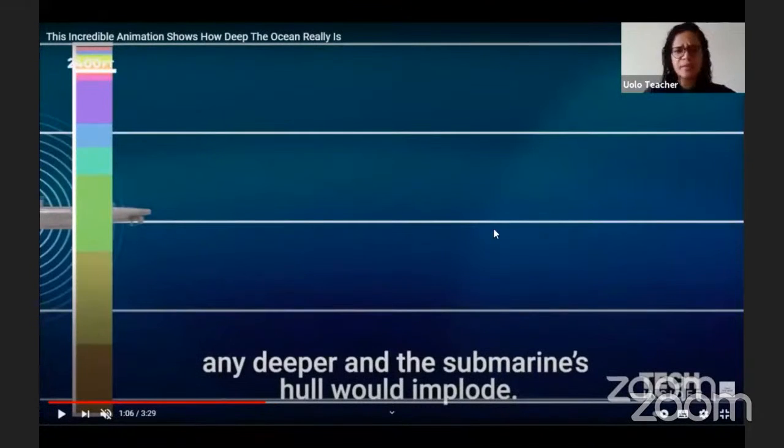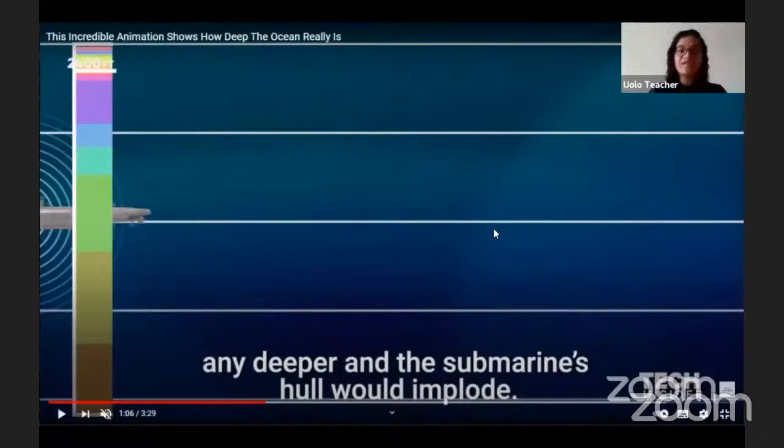Now you'll ask me, what is a hull? The outer covering of the submarine is called a hull. Now, why would the hull explode? Remember, I told you as you go deeper down, the pressure increases. Now, if the pressure increases, the submarine won't be able to bear the pressure.